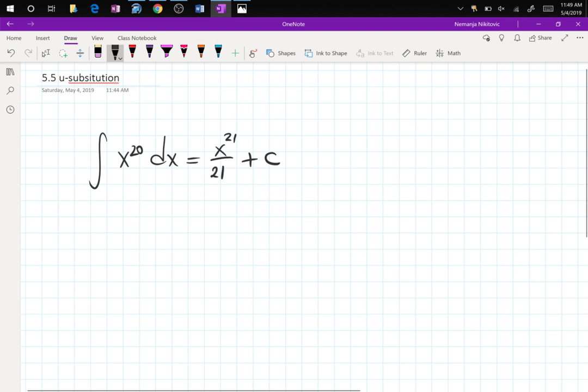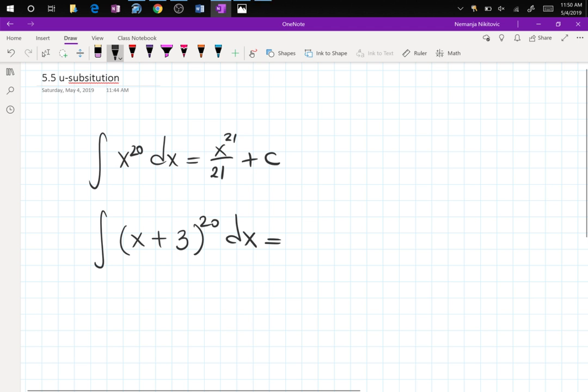So now the question is, what is the integral of x plus 3 raised to 20 dx? You have a choice. Go ahead and FOIL. I'll wait, right?